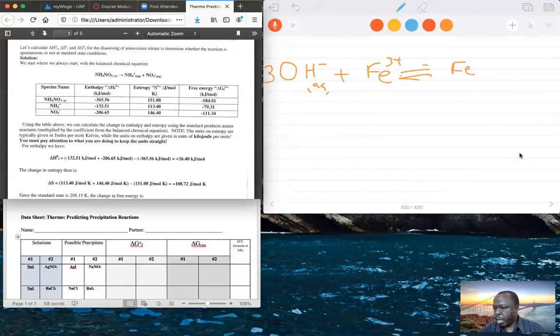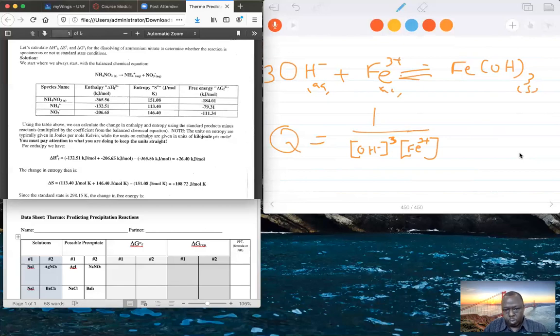For iron 3 hydroxide, let me put this 3 here, and this is solid, that is aqueous. So Q for this will be 1 for the solid iron 3 hydroxide, and hydroxide is raised to 3, and the iron 3 ion is raised to 1, so you don't see that 1.